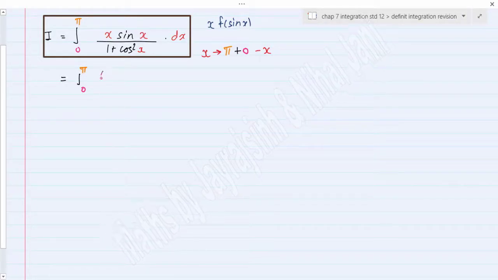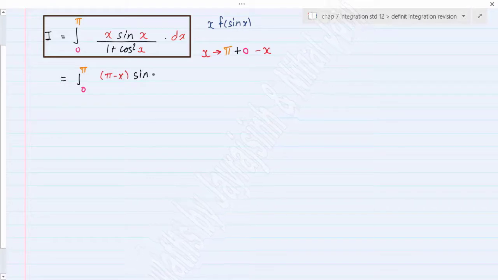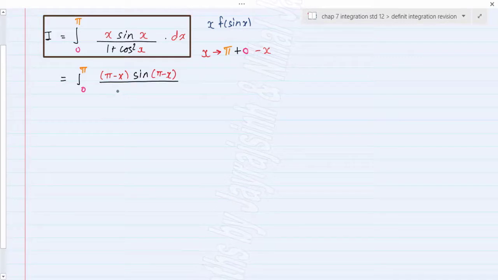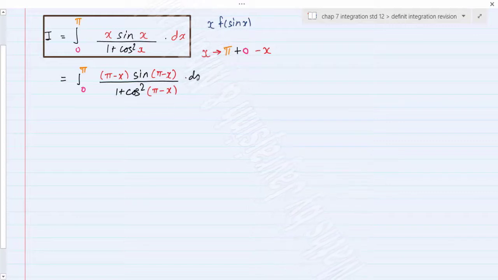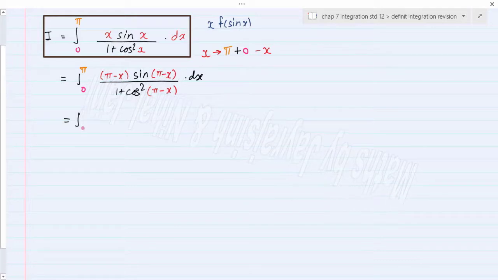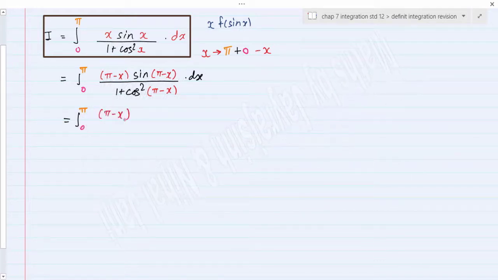So here we'll get pi minus x, sin of pi minus x, upon 1 plus cos square of pi minus x, dx. So integration from 0 to pi, here we'll get pi minus x.